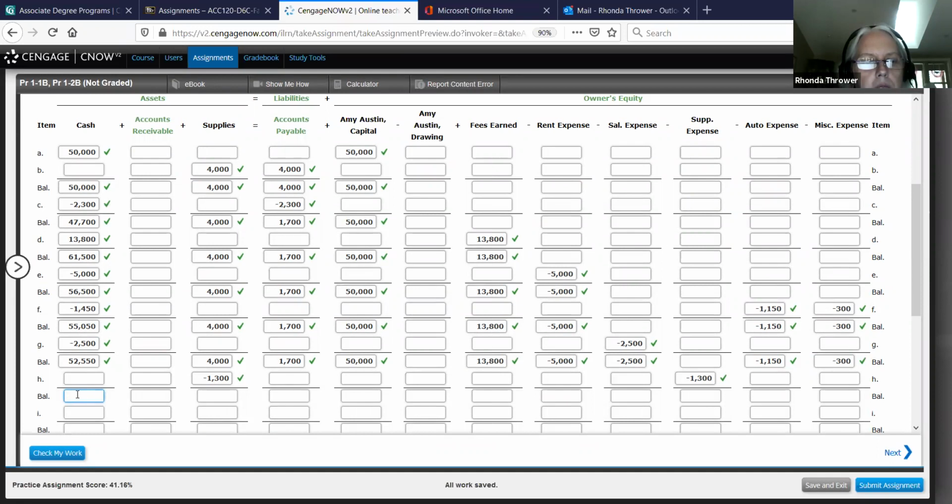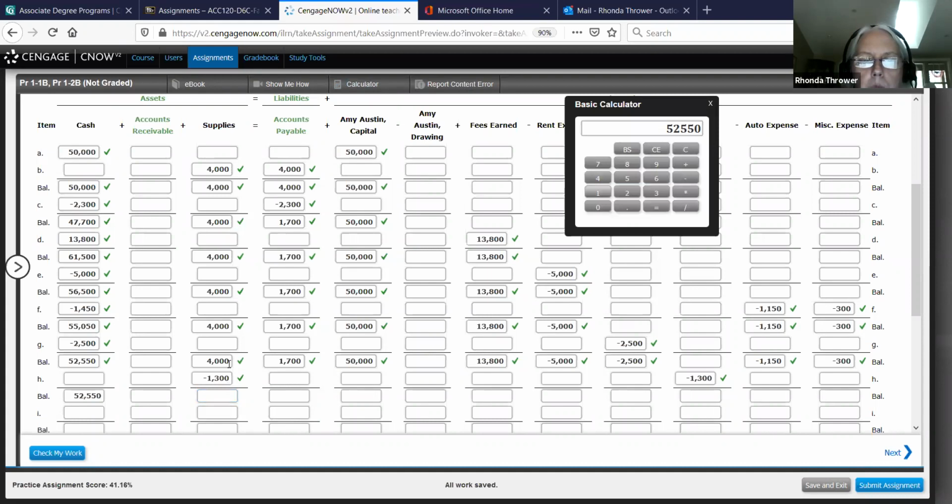Since we didn't do anything to cash here, we just bring down the cash balance at $52,550. Our supplies did decrease by $1,300. What you should always have left in the supplies, which is the asset account, is the unused portion.